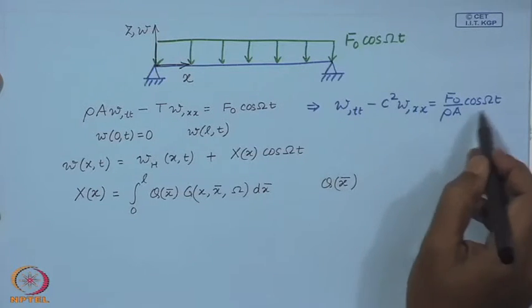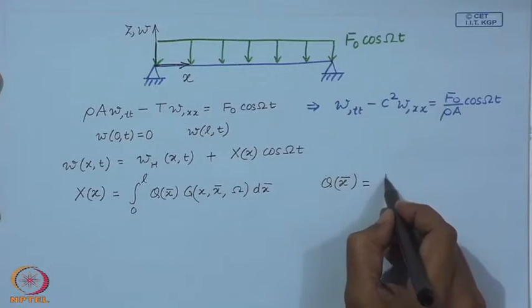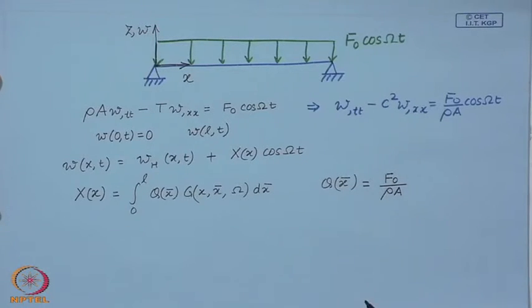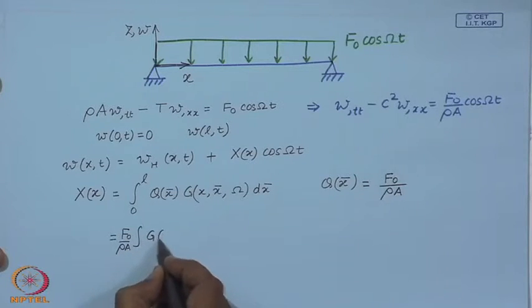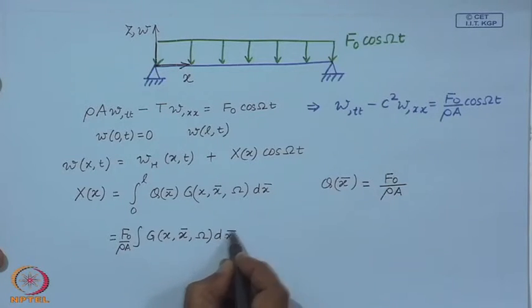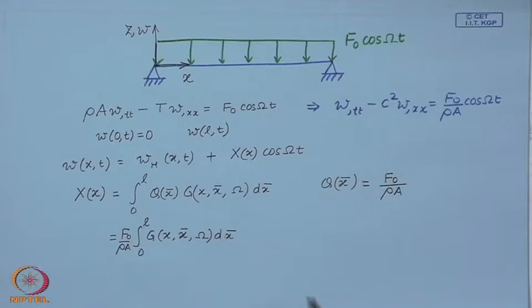So, our capital Q of x bar is nothing but this. So, we have to perform this integral of the Green's function from 0 to L.